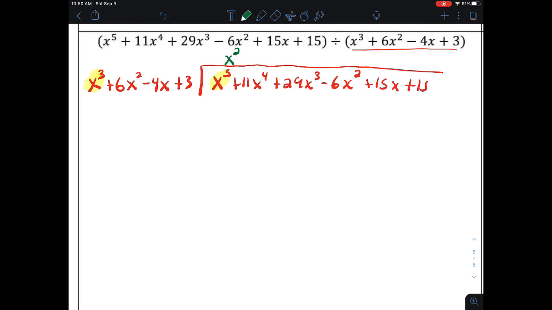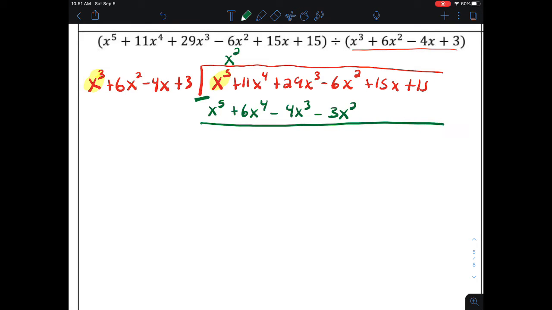You then take the x squared and multiply it to all the terms of what you're dividing by. So I'd make x to the 5th plus 6x to the 4th minus 4x to the 3rd minus 3x squared. Long division, we're going to subtract.